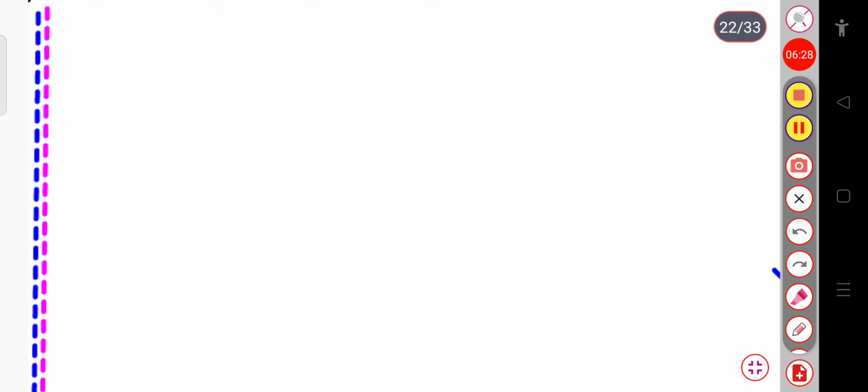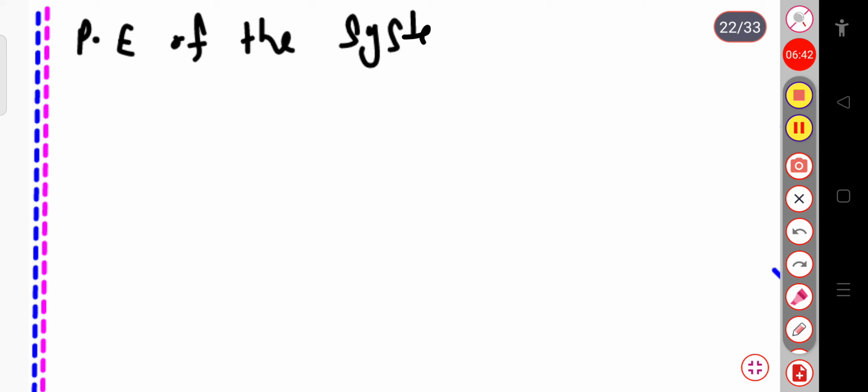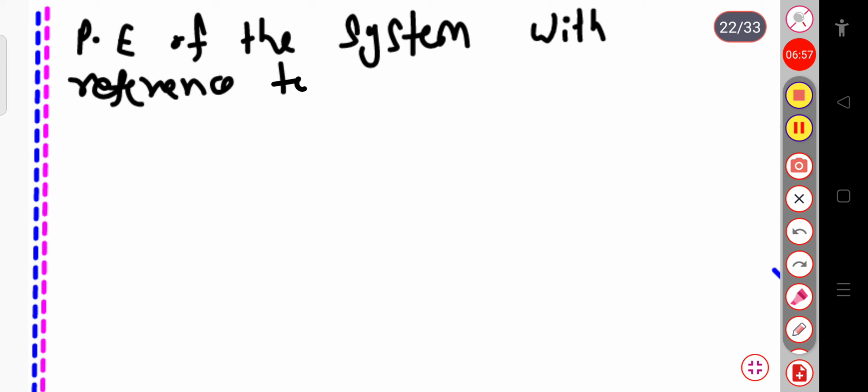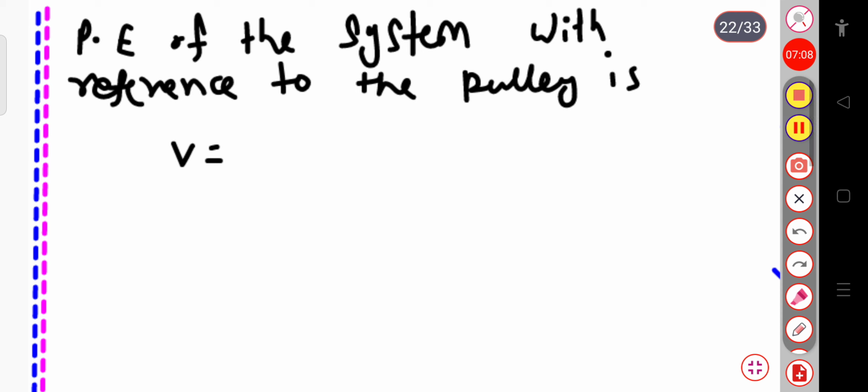Now for the potential energy of the system, with reference to the pulley, this will be V, and this will be equal to minus m1 g x for the mass m1, and for the second one minus m2 g, and the distance will be L minus x from the pulley.